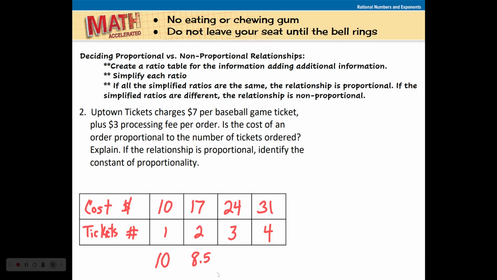We could stop right there. Since those two ratios are not the same, all the ratios would have to be the same in order for this to be proportional. But just to show you what the other two ratios are, none of them are the same. So there is no COP.